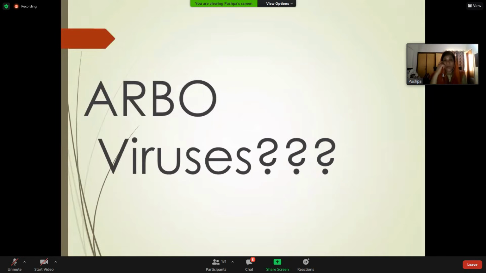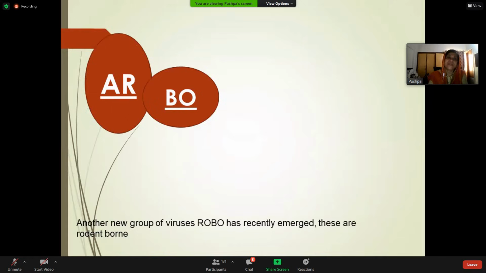So one of the major groups is arboviruses. So what are they? How is this name derived, we will see. Arbo, AR, is derived from arthropod, and BO is borne, arthropod-borne.